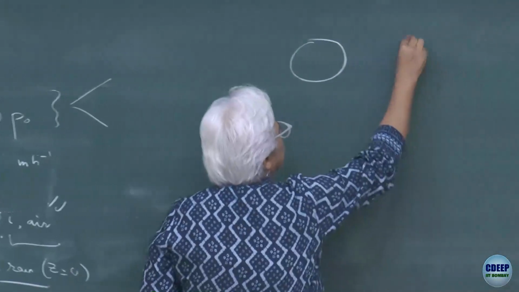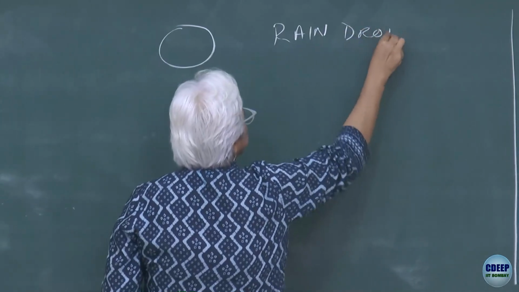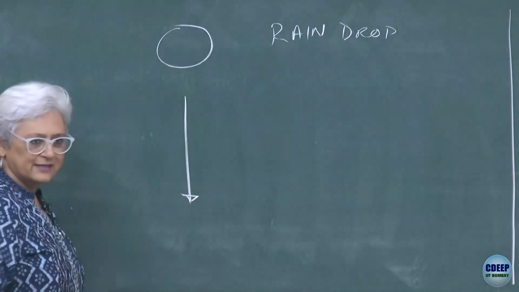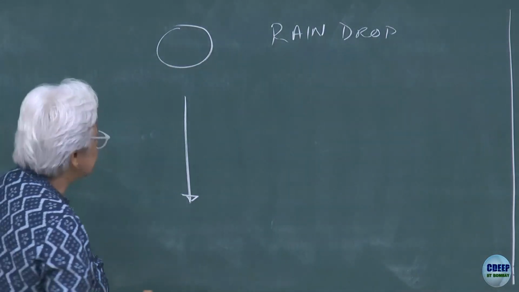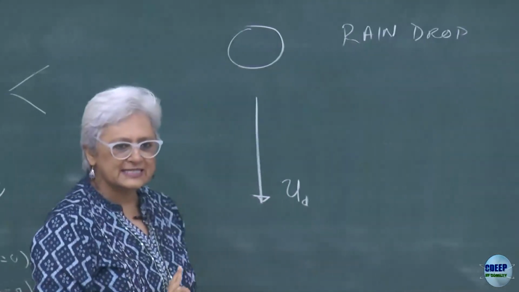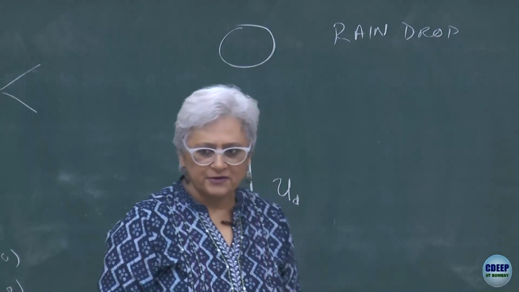It's a raindrop. And what is this object doing? It is falling, and it has millimeter sizes. So it's falling with a terminal velocity. I'm not writing Ts, and I'm putting d because it's a drop, right.